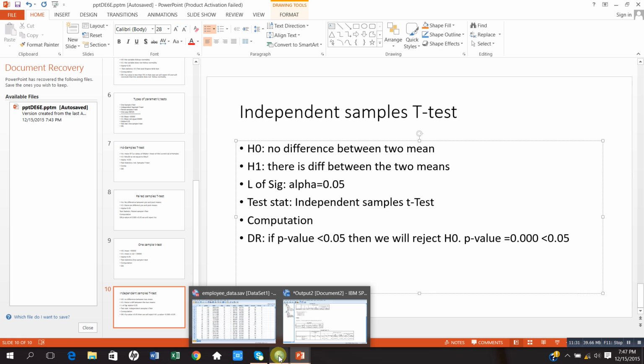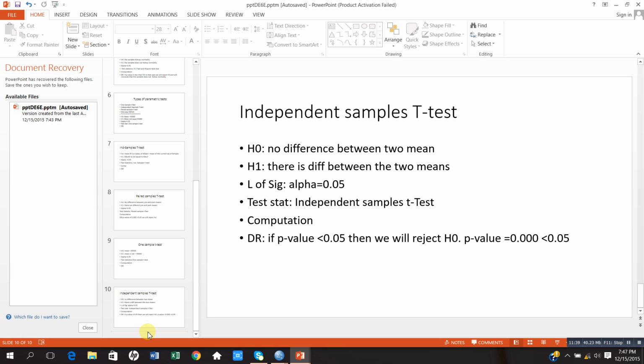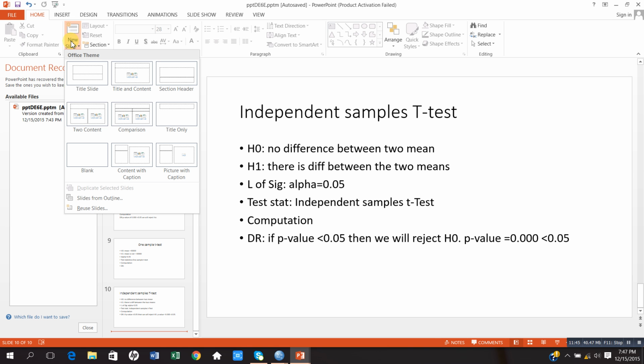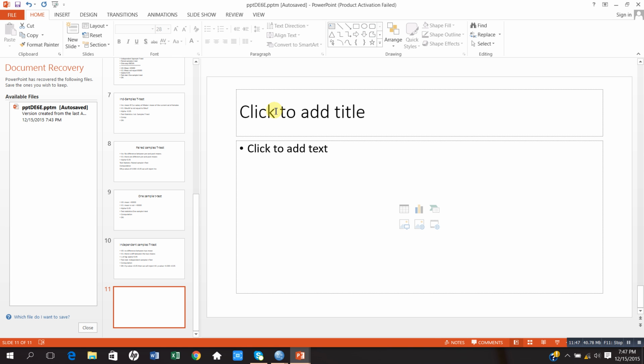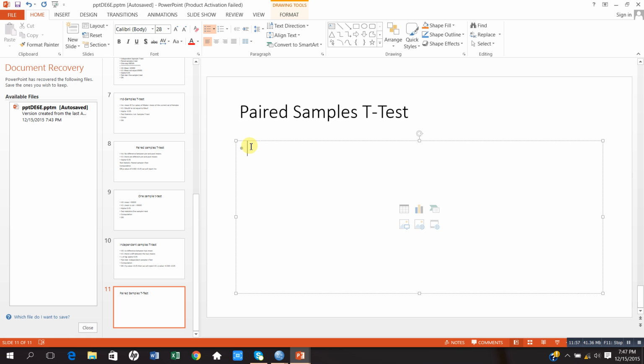Now let me move to the other parametric test, and that is the paired sample t-test, and for that I will create another slide here. Okay, so I'm here, and now I will use a paired samples t-test. Again, our null hypothesis is no difference between the two means.